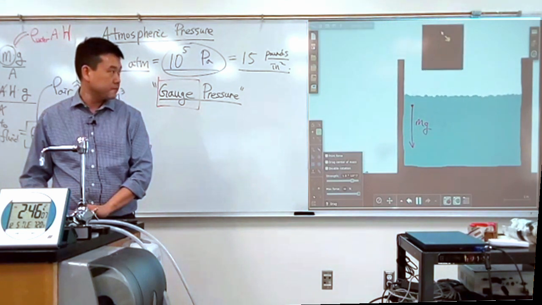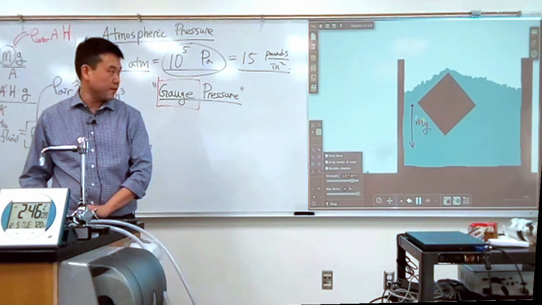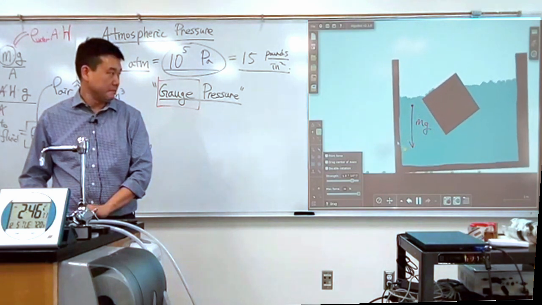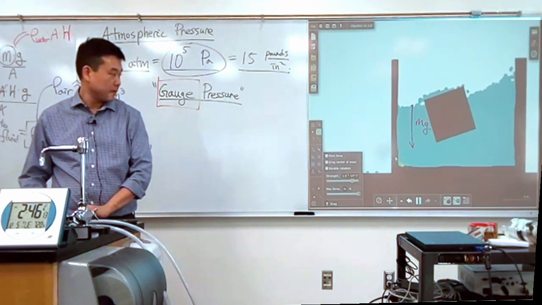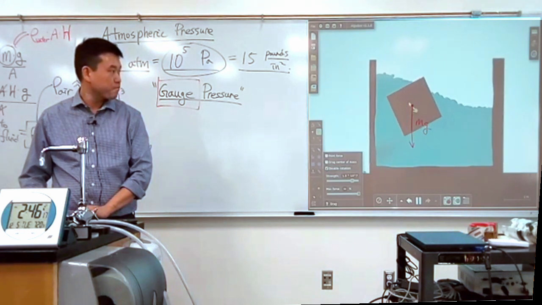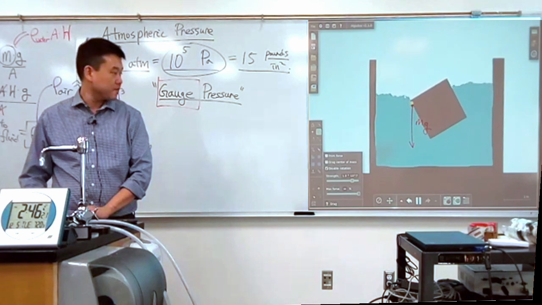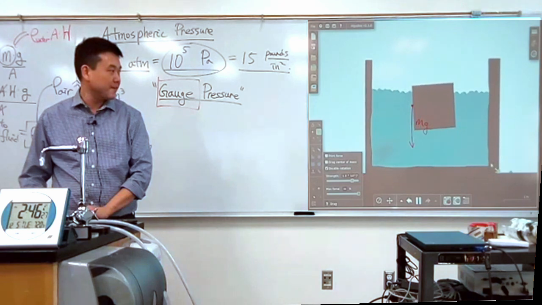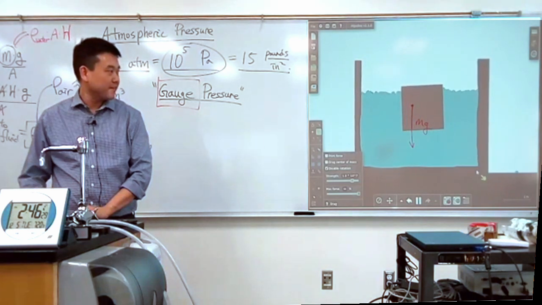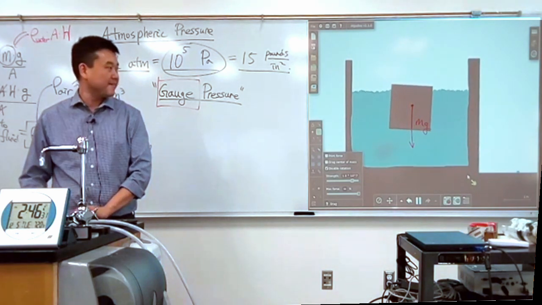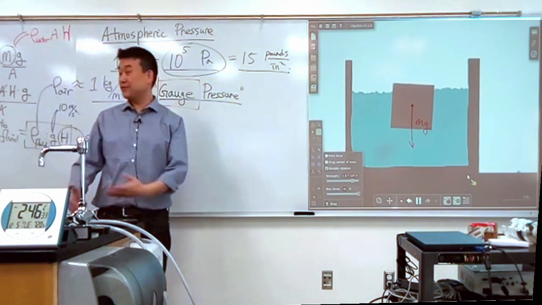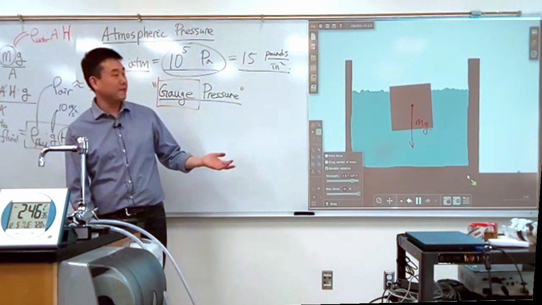I hope it maintains its orientation. I've got to really disable rotation. Yeah, that's what I was afraid of. Wait. Okay, it's coming back. Yeah, because that's, I think, the lowest energy configuration. That's how it should be. All right, so there's my cube, or square, the two-dimensional version of a cube.